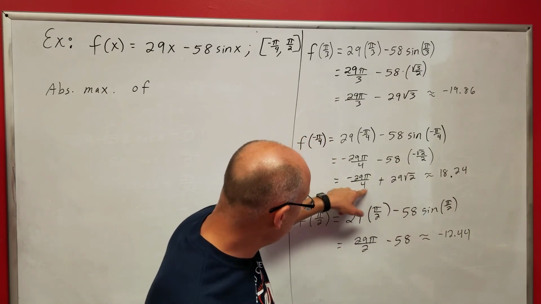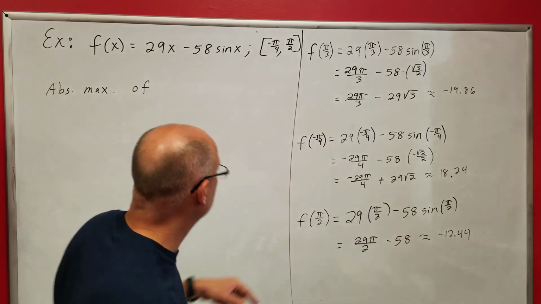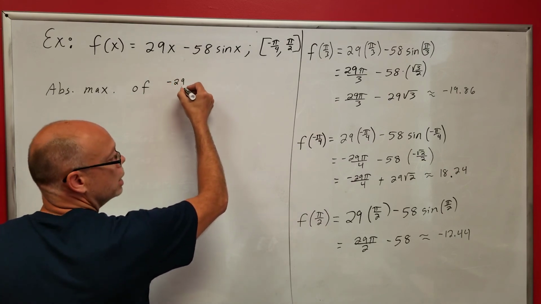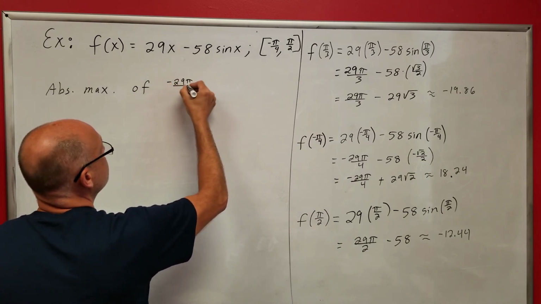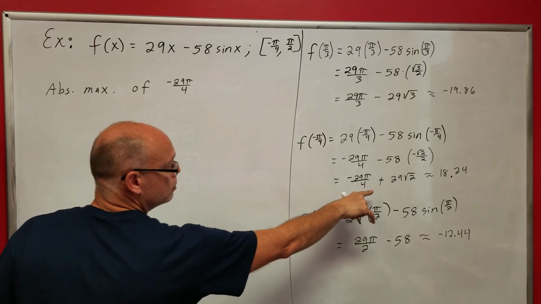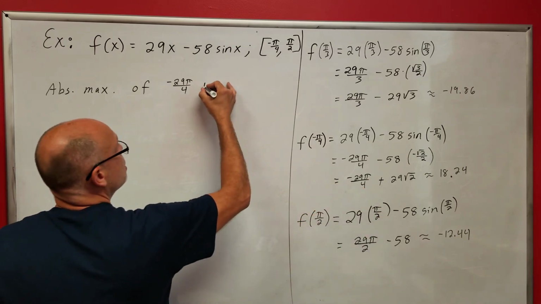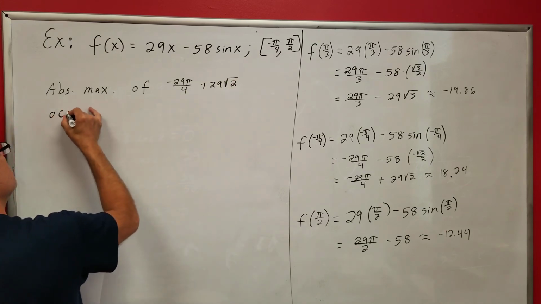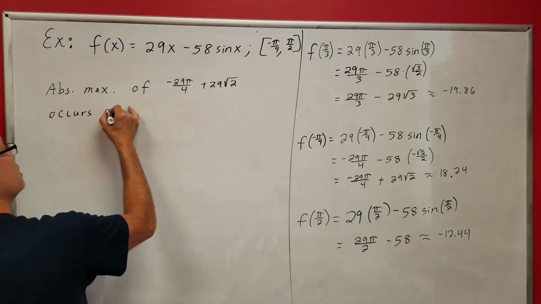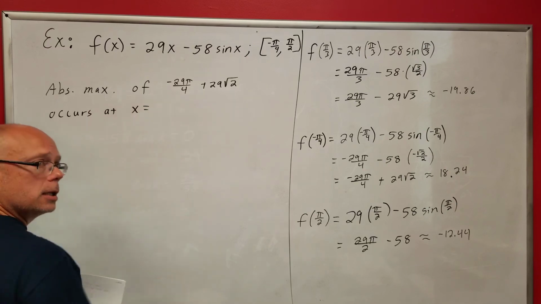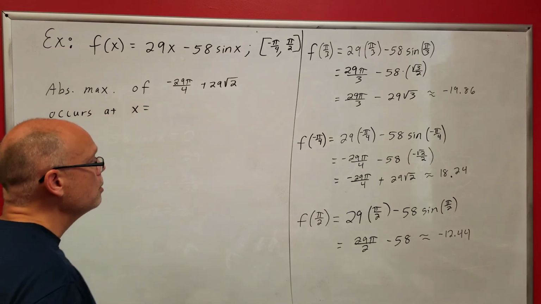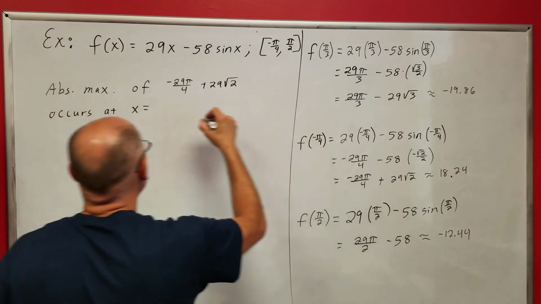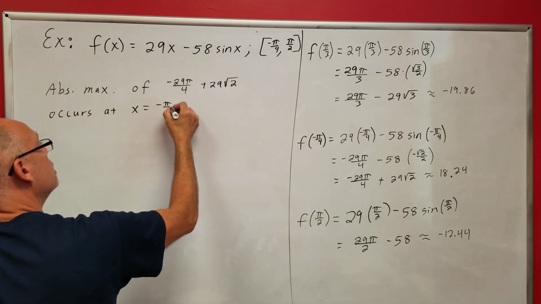My absolute max is going to be negative 29 pi over 4 plus 29 square roots of 2. And it occurs where? It occurs at the x or the input value. What did I input? Negative pi over 4.